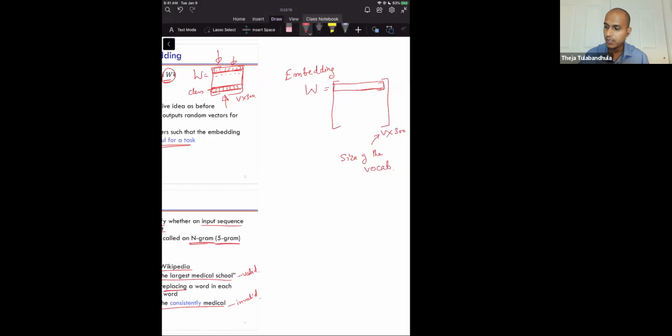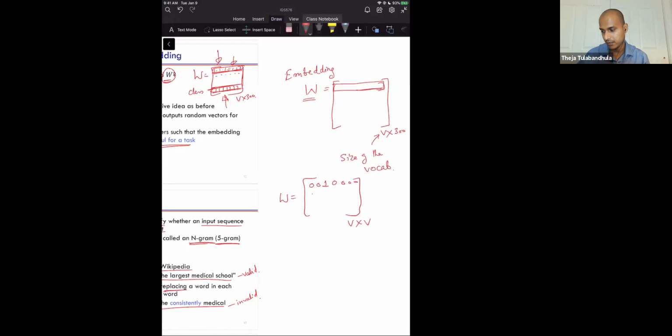We want to get a really good representation for W, which captures some sort of semantic meaning, which was not possible before when you were just using, for example, a one-hot encoding of the words. If you use one-hot encoding, the W matrix would look like V cross V, because if the word is cat, there'll be a one for the cat word and everything else 0.